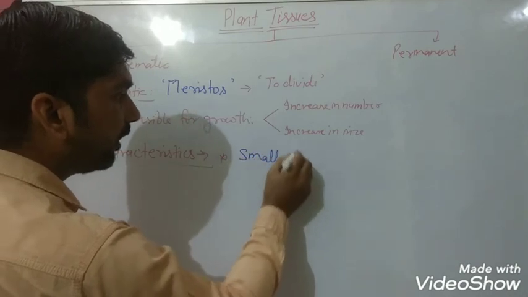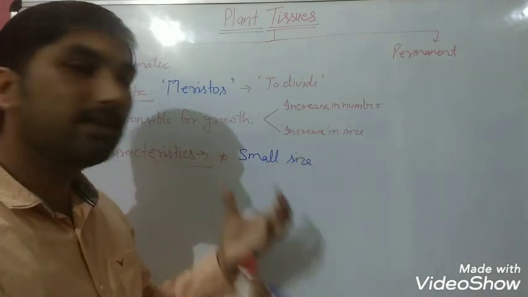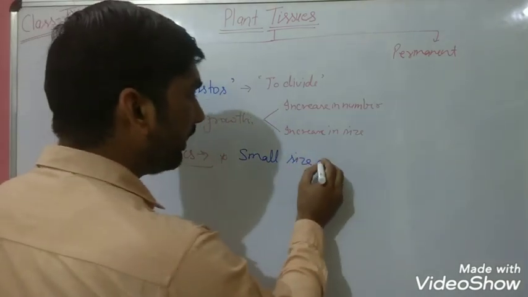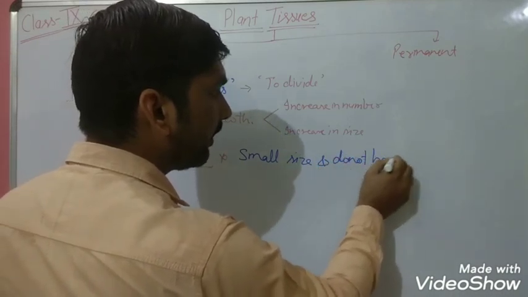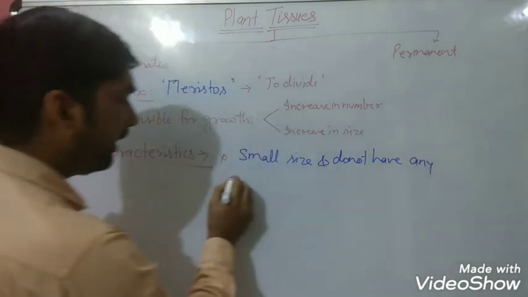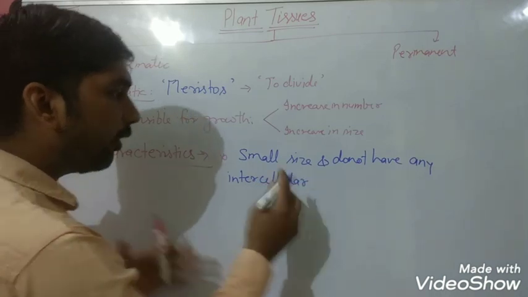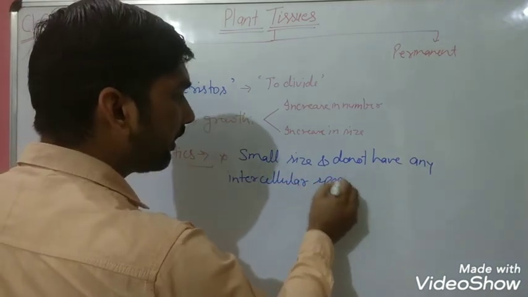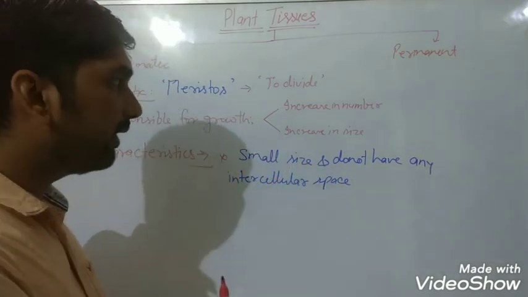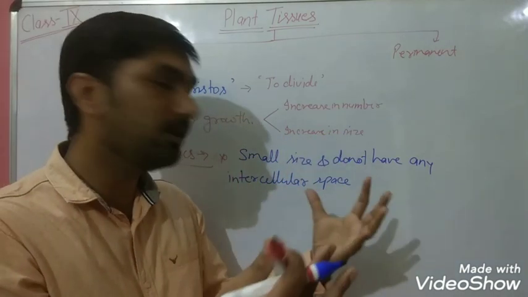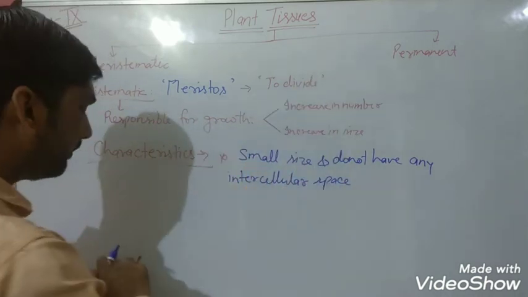They are of small size, and they don't have any intercellular space, because they are compactly packed. They all have small size because they are not going to increase in size, but they are going to divide only. They are going to increase in number.